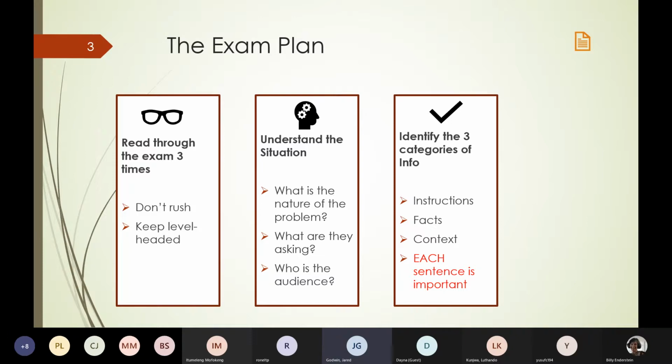The buckets are either instructions, or facts, or context. You can call them what you want, but the most important category is that instructions category. Bear with me, I'll show you what I mean. But every sentence you can categorize into these 3 buckets.